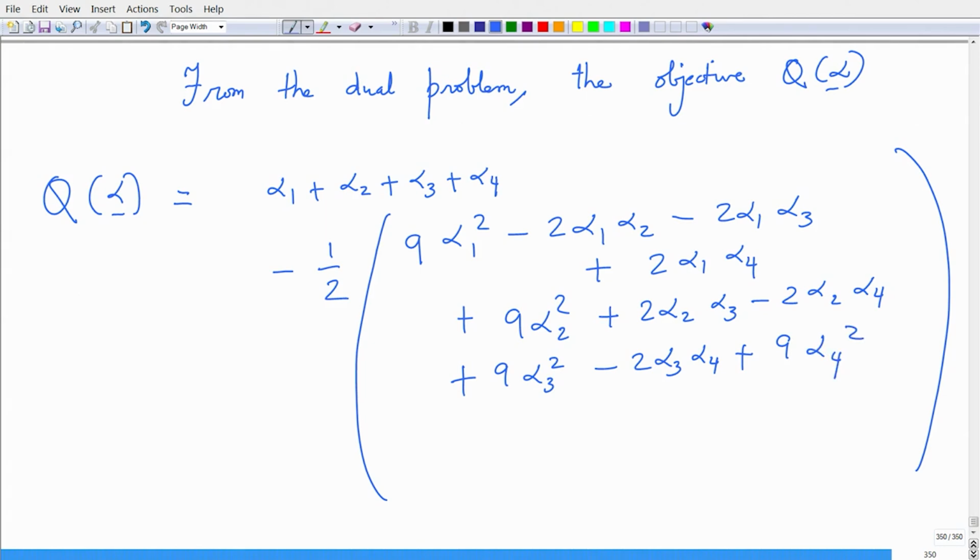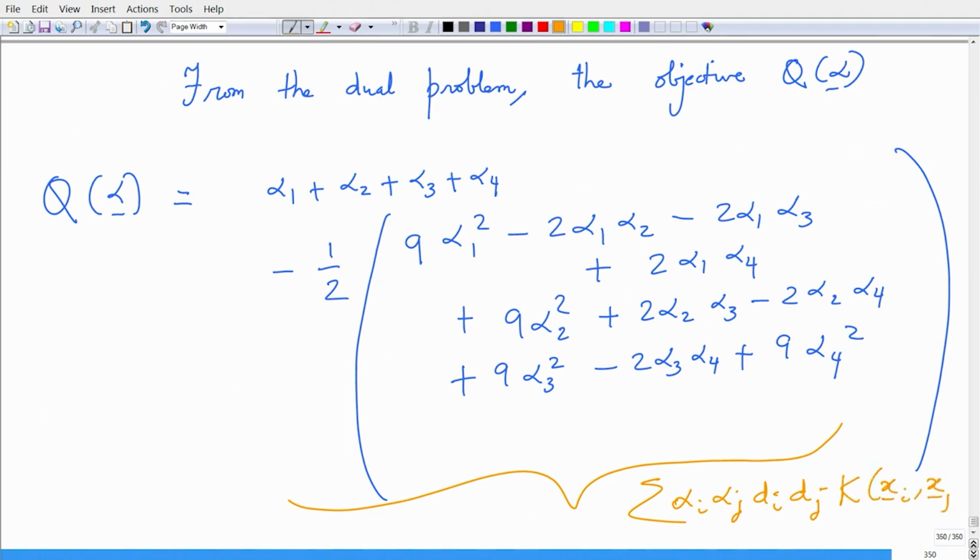So, now this q of alpha is a function of the Lagrange multipliers, and this is from the summation.